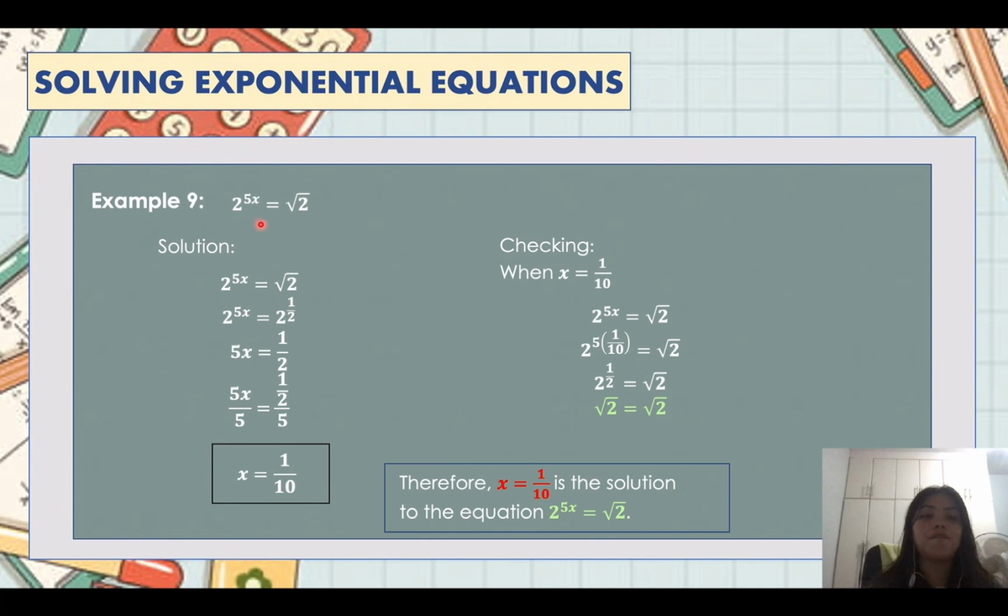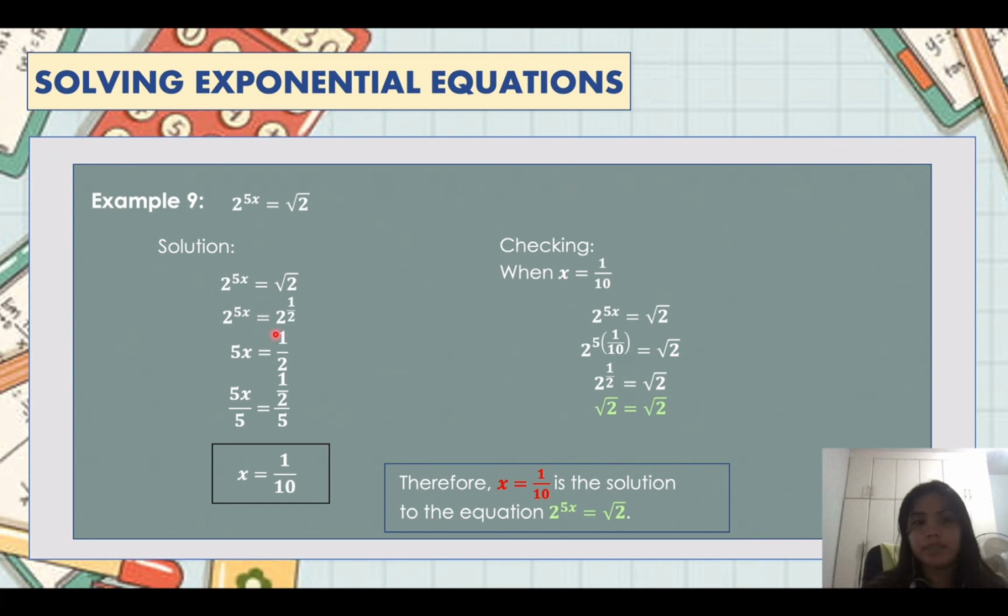2 raised to the power of 5x equals square root of 2. Now, to solve this, we first need to put an exponent onto this term. So you need to remember that square root is an exponent of 1/2. Therefore, 2 will have an exponent of 1/2.